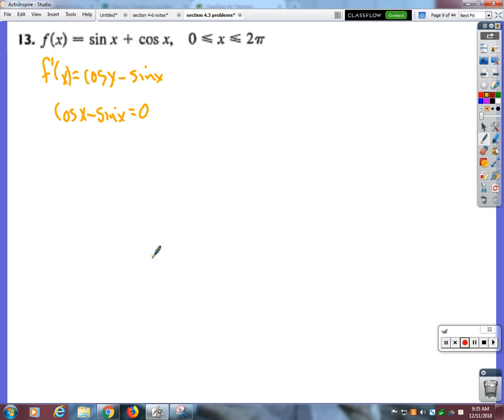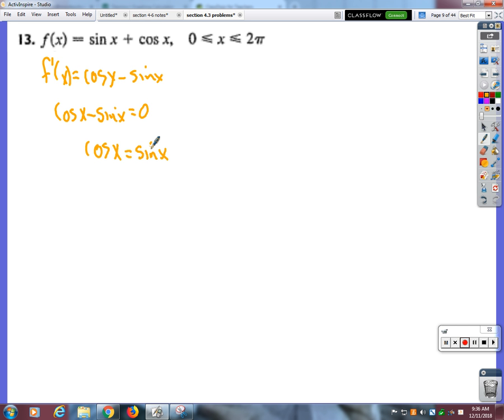If you add sine x to both sides, then you get cosine of x equals sine of x. Cosine of 0 is 1, sine of 0 is 0. You do normally, but in this case, there's nothing we can do about that.